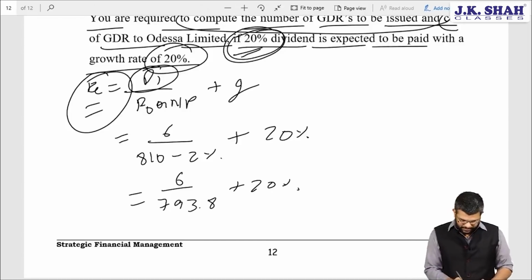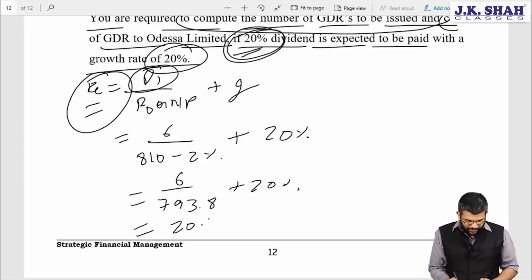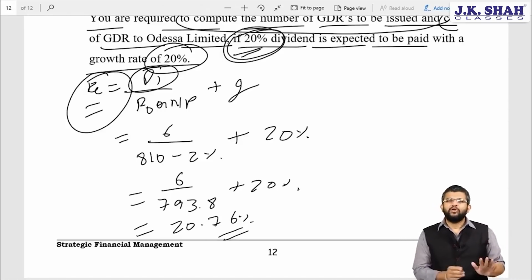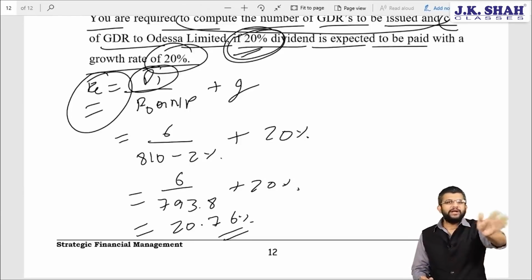I'll just rewrite this here. On the calculator, 6 divided by 793.8, as a percentage, plus 20 will give us 20.76% as the cost of GDR, the cost of underlying equity in one sense. For this particular company, it is cost of equity only because the company is issuing equity shares, not GDRs.